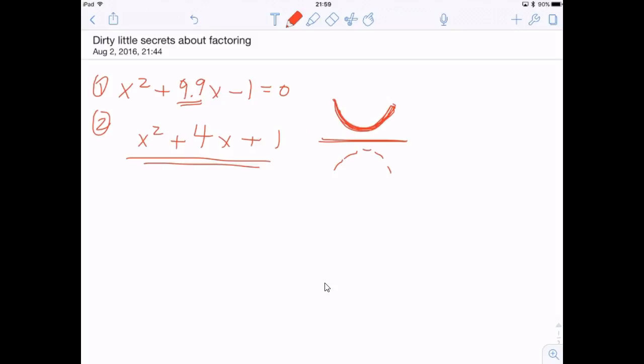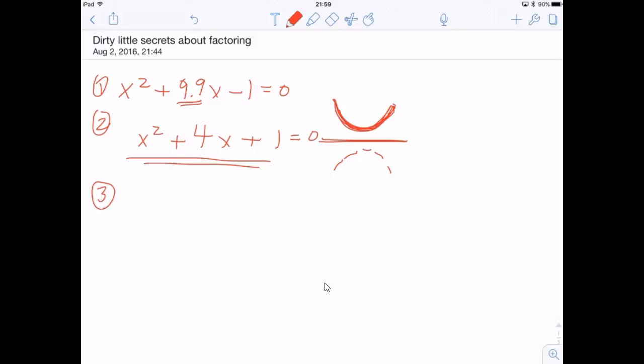This parabola does not actually cross the x-axis, but there are imaginary numbers which can make this equation 0. But we don't normally do that with factoring. So again, this is a second case where factoring doesn't work.